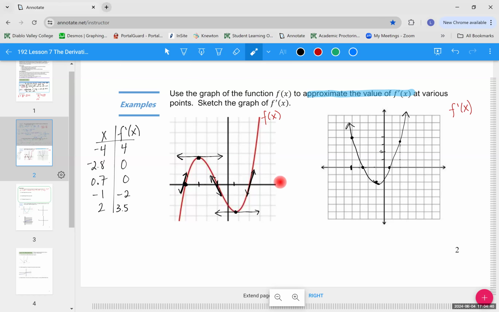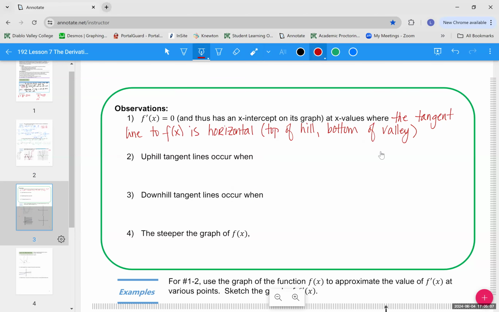As you move from left to right, this function is increasing in both of the places where it has uphill tangent lines. And what about where it has downhill tangent lines? What is it doing in that area? It's decreasing, again, left to right, because if you go right to left, anything that's decreasing would suddenly become increasing. So we're always looking left to right. Now it's decreasing in this area. So we could fill in both of these as well.